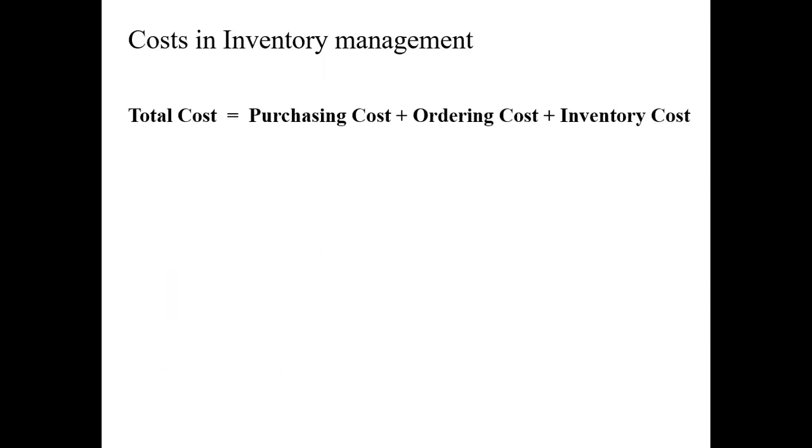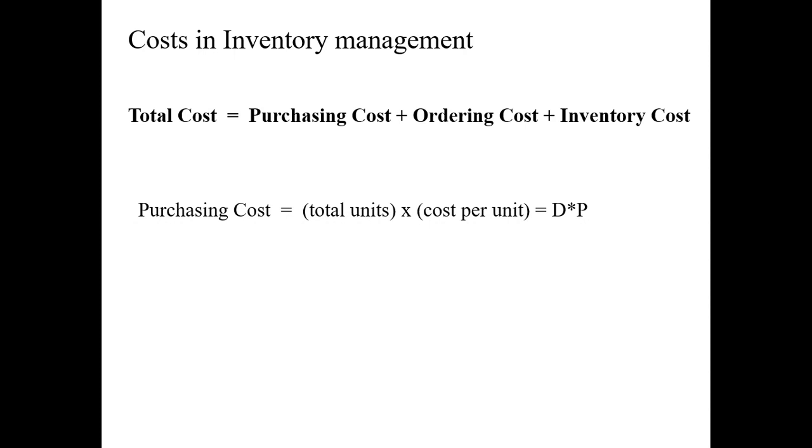Now let us look at the different types of costs involved in inventory management. Normally the total cost is the summation of three costs: number one is the purchase cost, number two is the ordering cost, and the third one is the inventory cost. What do you mean by purchase cost?